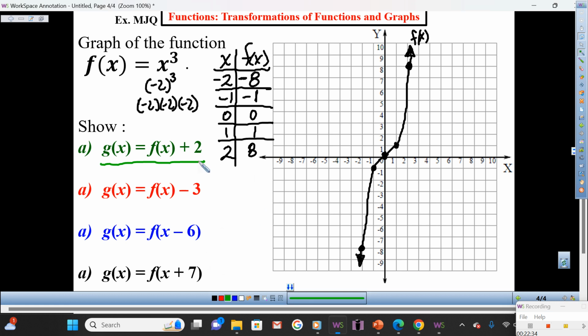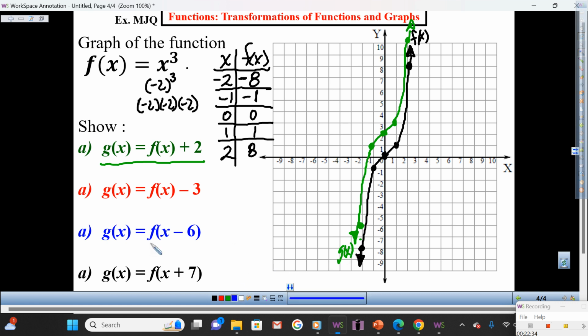What do we do? So all the points are going in which direction? Up. That is correct. 2 steps. 1, 2. 1, 2. 1, 2. 1, 2. 1, 2. And that one is g of x. And if you got that, so far so good.